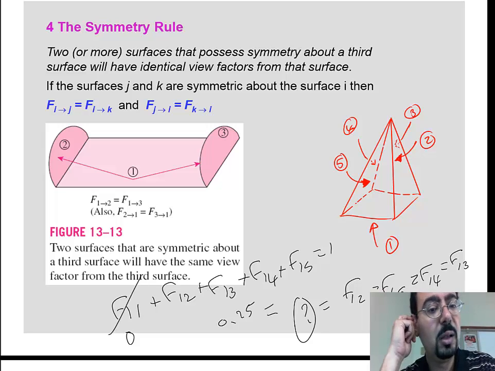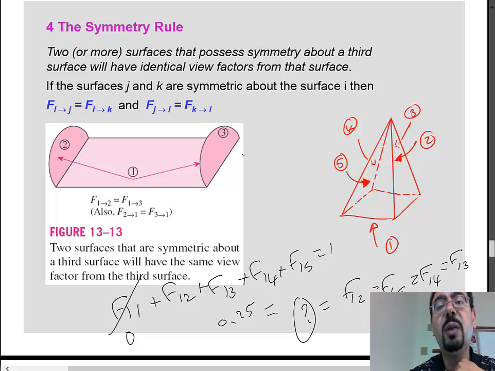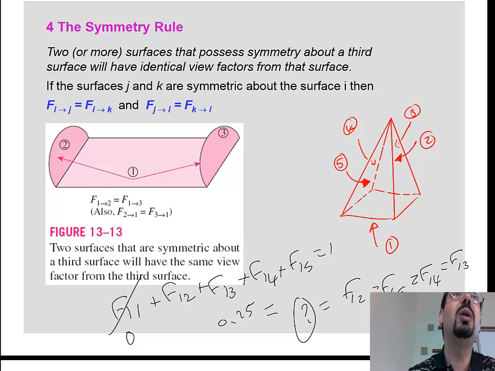Very good. So now another consequence of that symmetry rule is that surfaces 2 and 3 and 4 and 5, why do we have to treat them as different bodies? We can actually combine them and call them one surface.